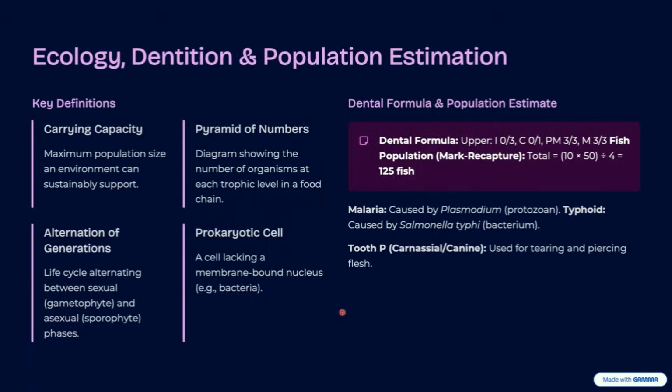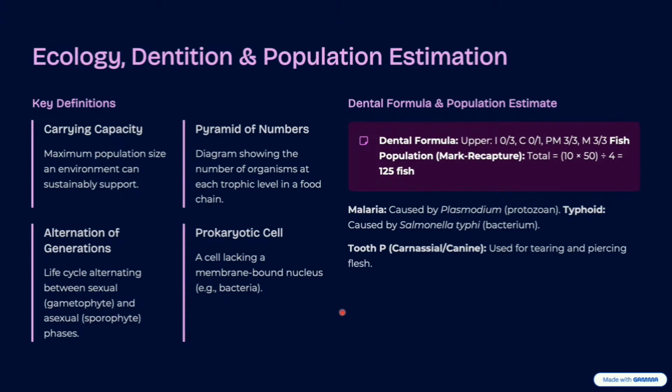So carrying capacity for this case is the maximum population size an environment can sustainably support, or the maximum number of organisms an area can comfortably accommodate without depletion of available resources.